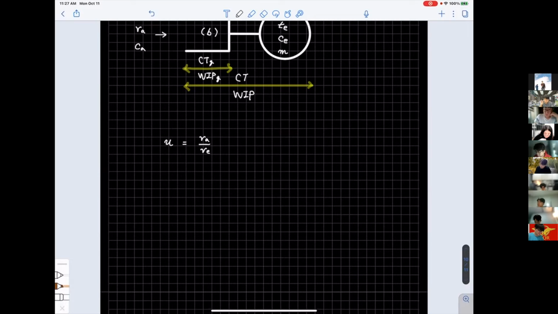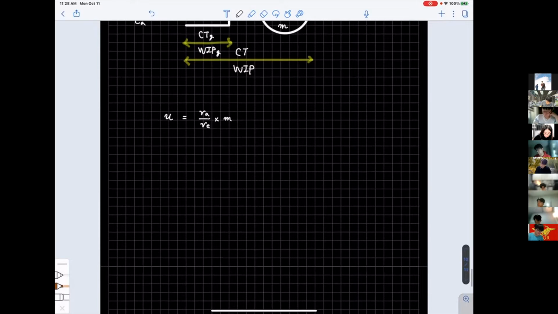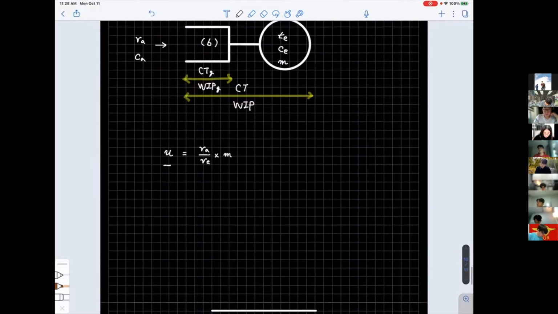But if there are multiple machines, then this has to be calculated by the number of machines. And if we calculate this utilization, then we can calculate the CTq by use of this U together with the other parameters.